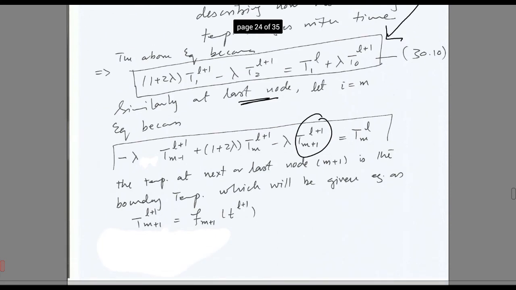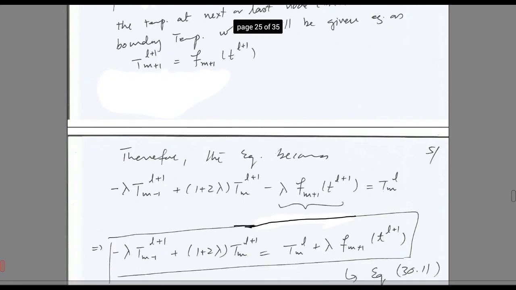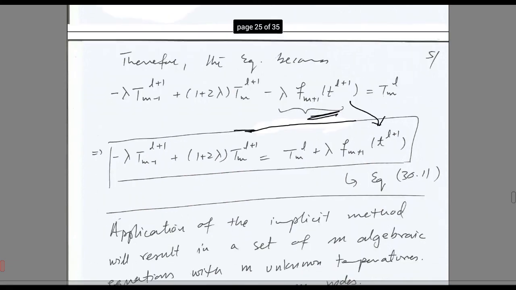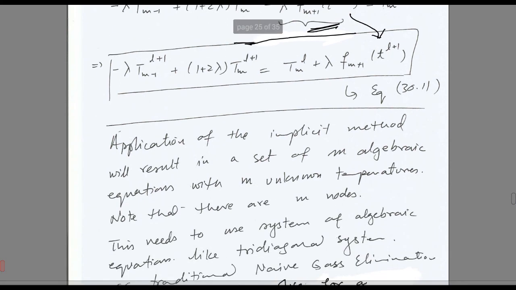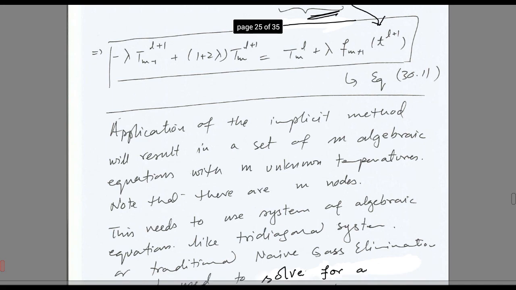This is the other side of the rod, and thus we will be able to replace it and take this form to the right hand side. It's basically the same equation, just a little manipulation. If we know something, we will take it to the right hand side.